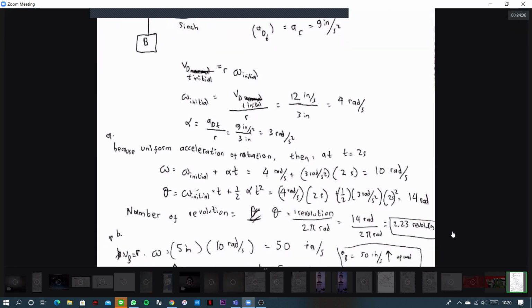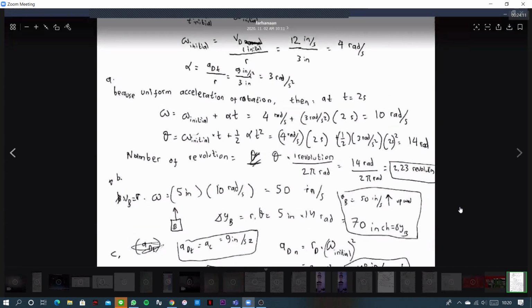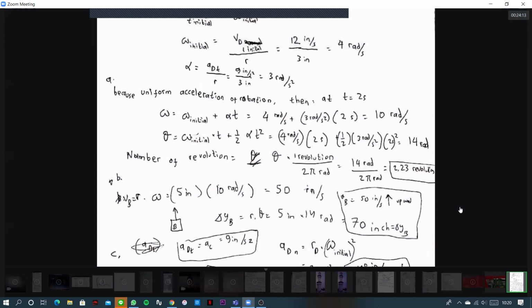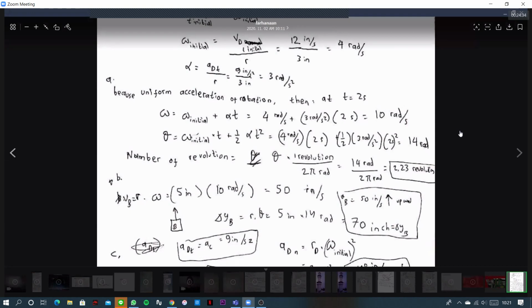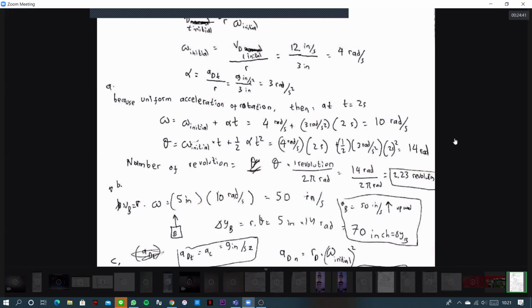For this formula for point A, you mentioned in the beginning that it applies only for uniform accelerations, right? So in this case, is there an acceleration here? Constant acceleration of 9 inches per second squared. Okay, so uniform acceleration, so you can use this formula.